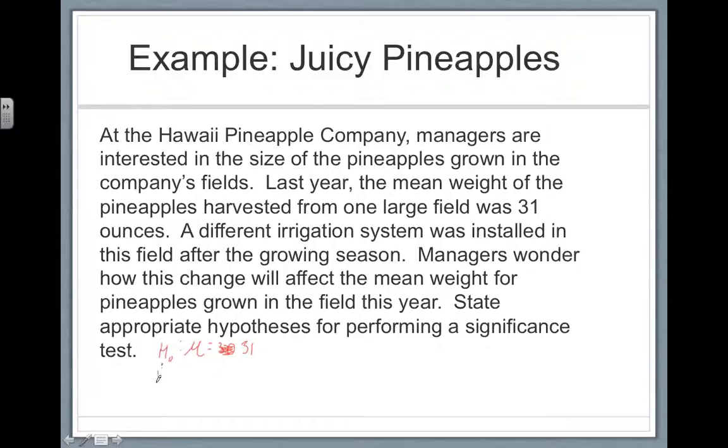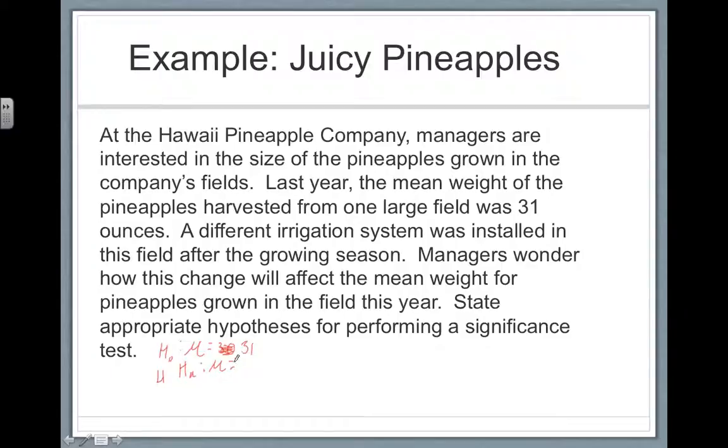Our alternative hypothesis is checking to see if there is a change. Now, it doesn't say what, it just says that there's a different irrigation system that was installed, and we're wondering how it would change. We don't know if it will harvest more than 31 ounces or less than 31 ounces.